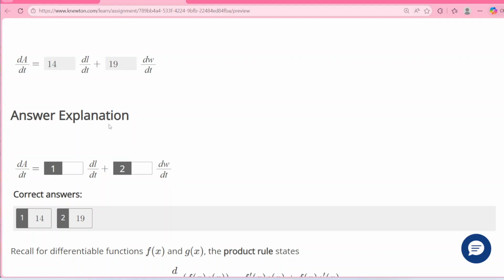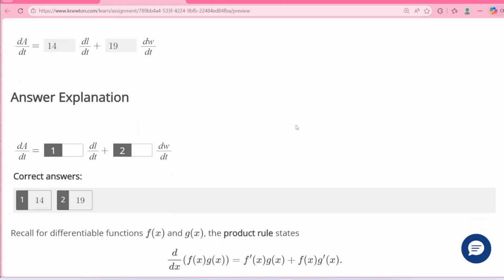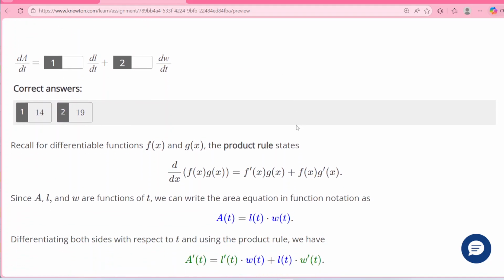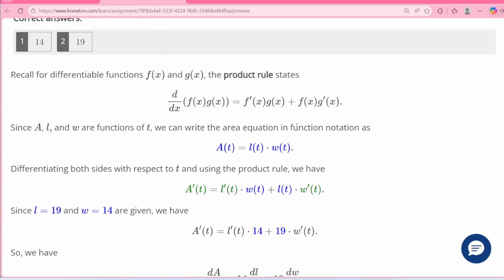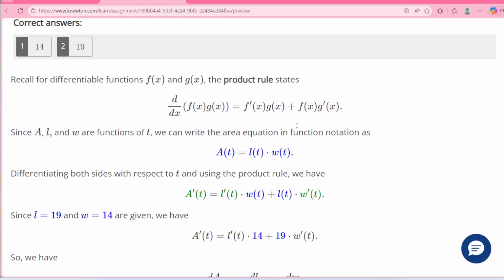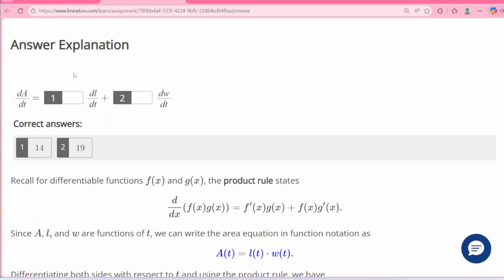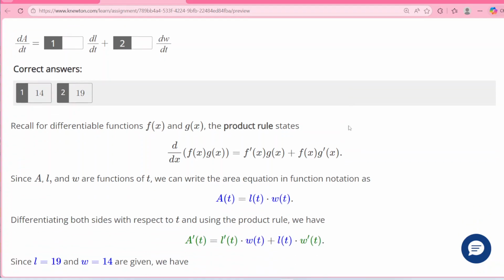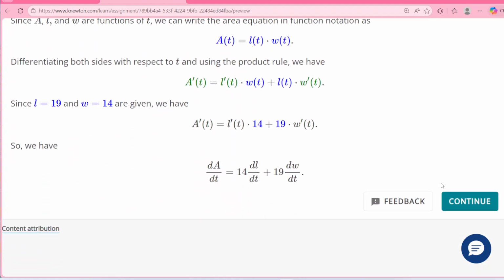If you get it correct, you might still want to glance through the answer explanations just to see if they do something in a way that you like better, that's more efficient, and you may want to try that for future questions that are similar. Now, if you get something wrong, definitely read through the answer explanations carefully, and hopefully you can figure out where you went wrong, why you were wrong, and you can learn from your mistakes for future questions that are similar.